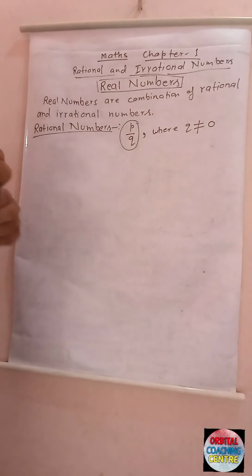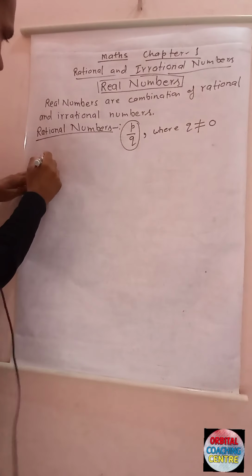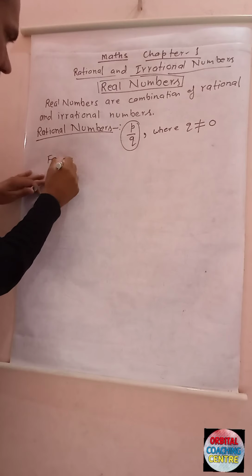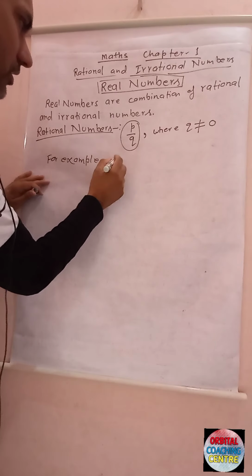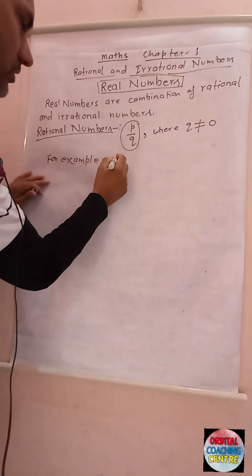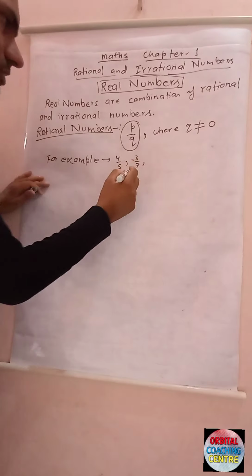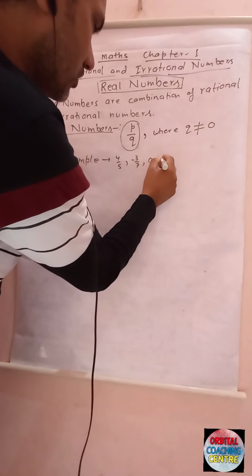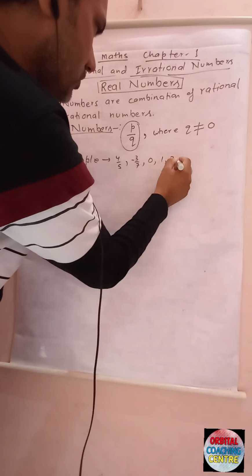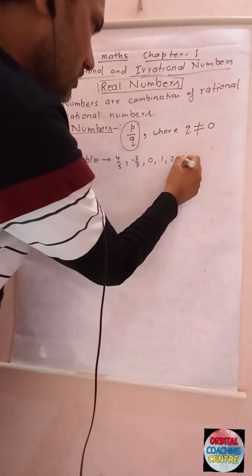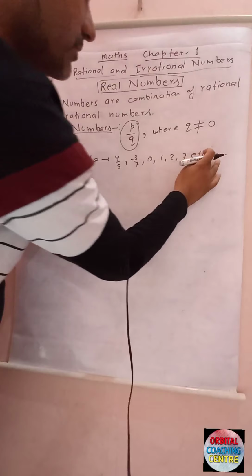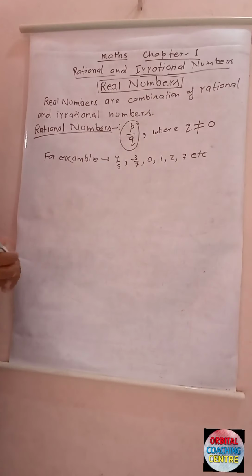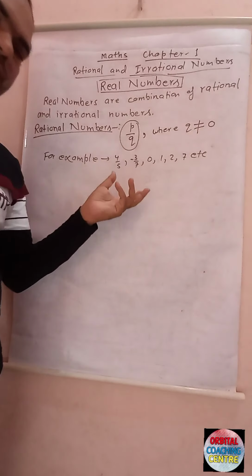Okay. For example, look here: 4 upon 5, minus 3 upon 7, 0, 1, 2, 7, etc. These are all called rational numbers.